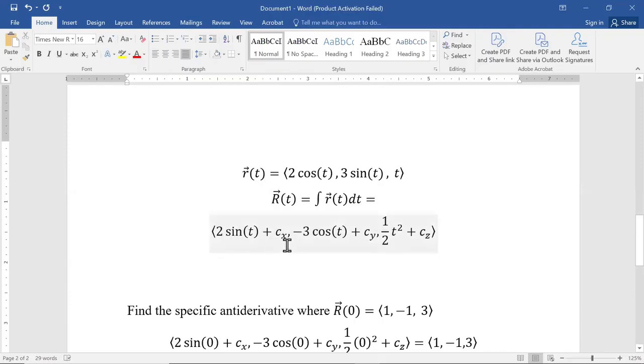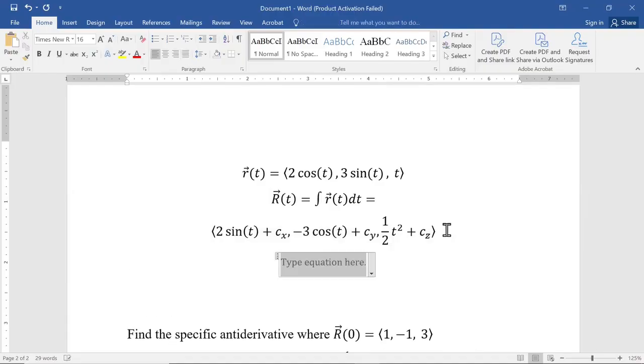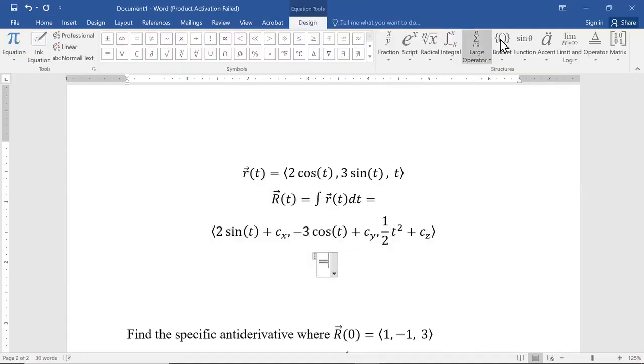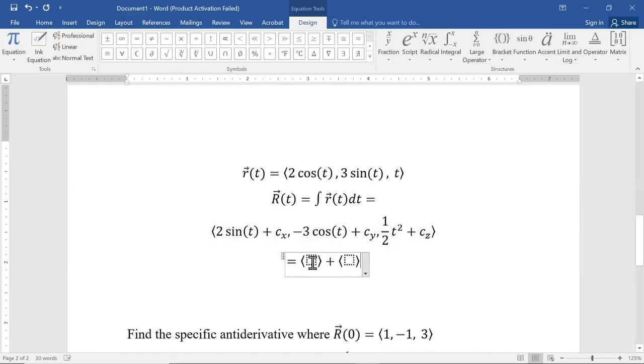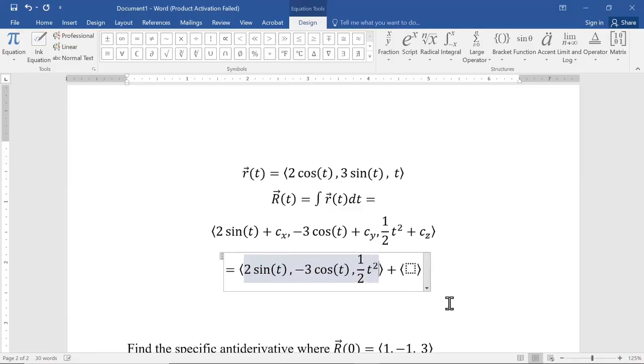Just to hit home the value once again, the indefinite integral gives me the class of antiderivatives. I've been writing it like this. Someone else may write it slightly different. Someone else may write it as a sum of two vectors, like 2 sine of t, negative 3 times cosine of t, and then 1/2 t squared.